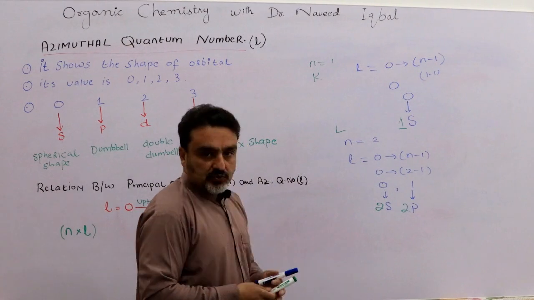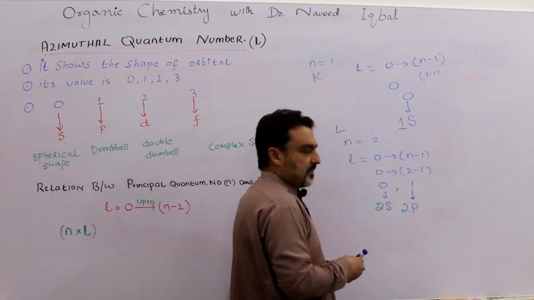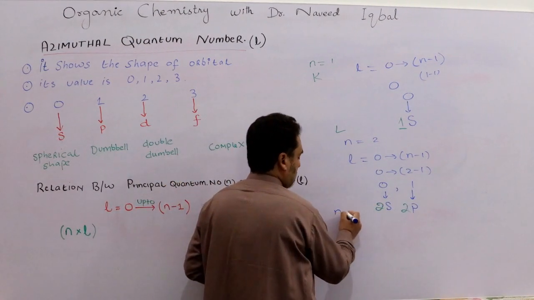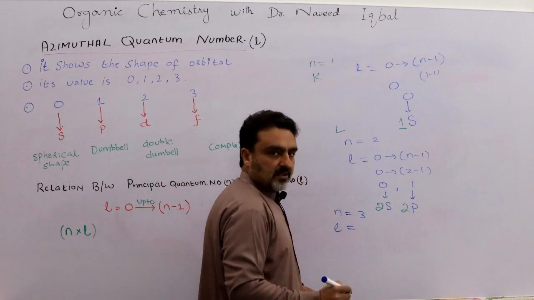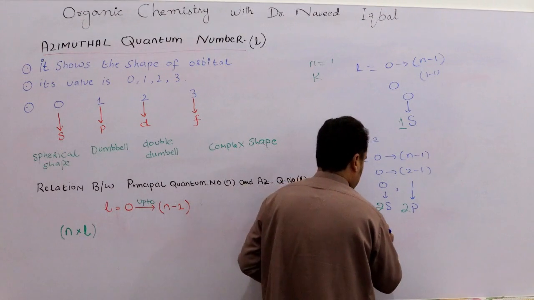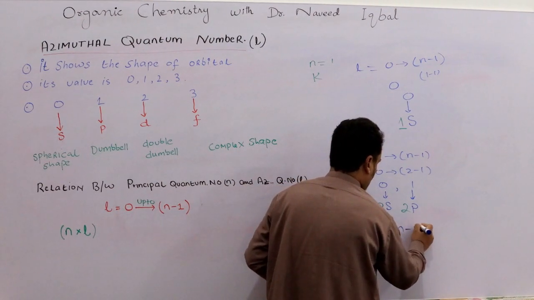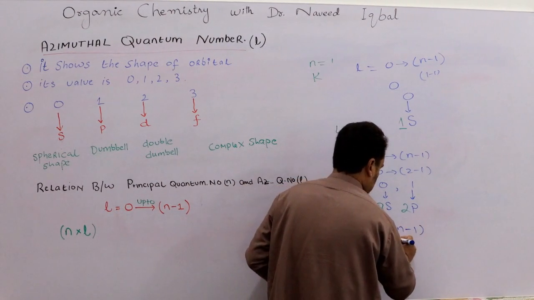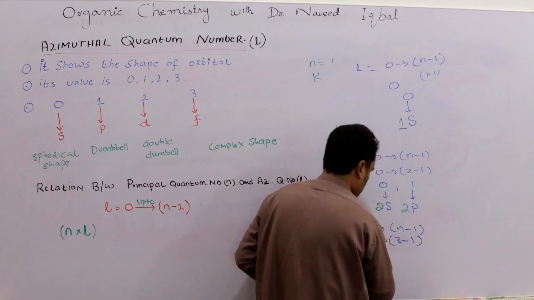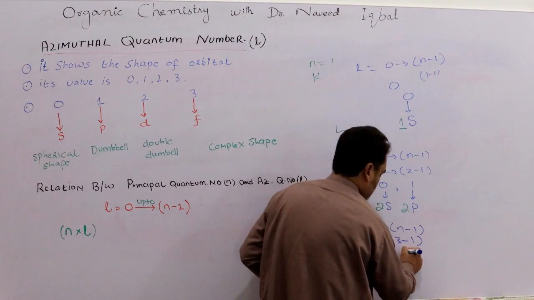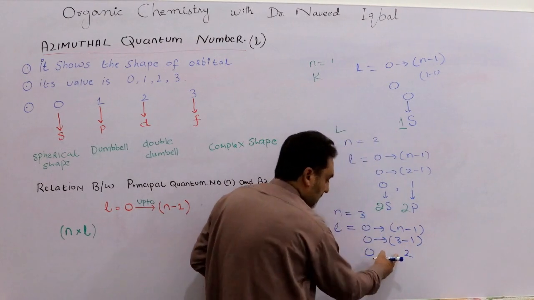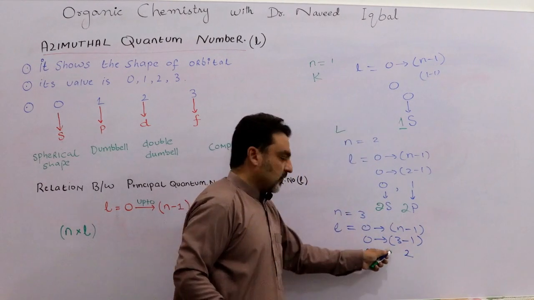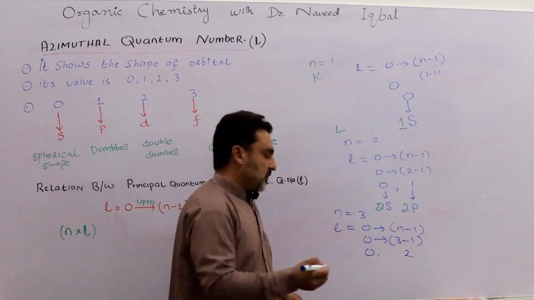Now if n is equal to 3, you can calculate by yourself. L is equal to 0 to n minus 1, that is 3 minus 1, which is 2.